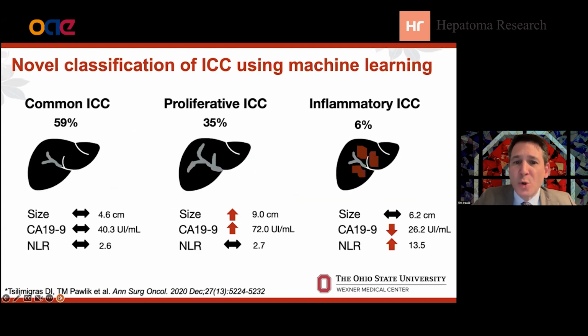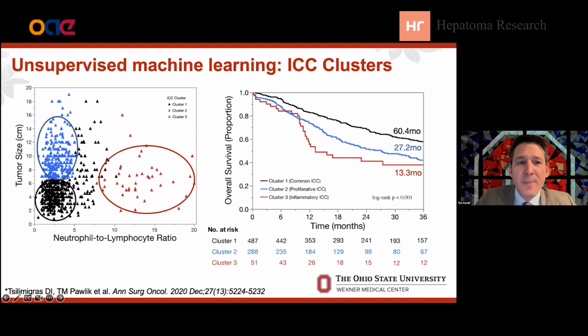Another thing that our consortium has looked at is using machine learning or artificial intelligence to come up with different phenotypic types of intrahepatic cholangiocarcinoma. And using machine learning, we identified 3 different clusters of patients, as you can see here on the panel on the left.